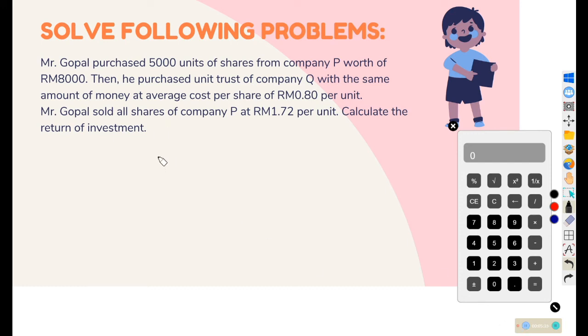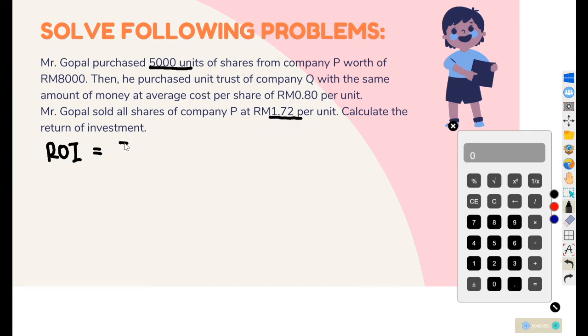Okay, for this one, ROI, I have taught you before. So ROI is equal to 5,000 units, he already sold at RM1.72.